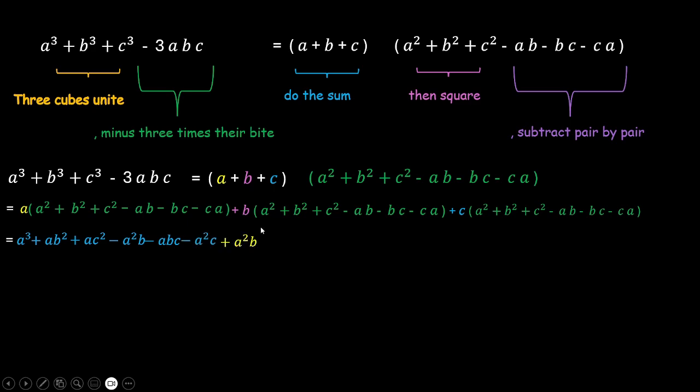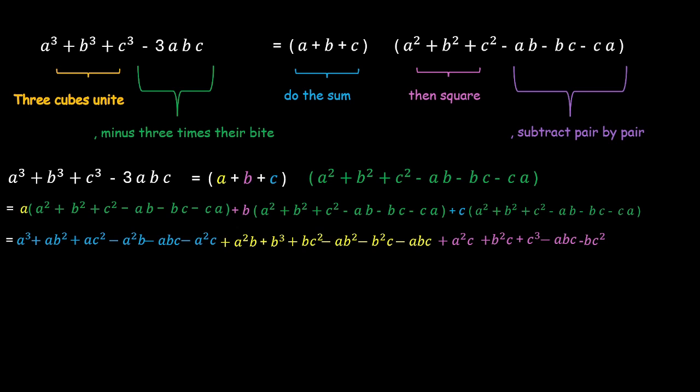Then we have a square b, b cube, bc square, negative ab square, negative b square c, negative abc. And lastly we have a square c, b square c, c cube minus abc minus bc square minus c square a.